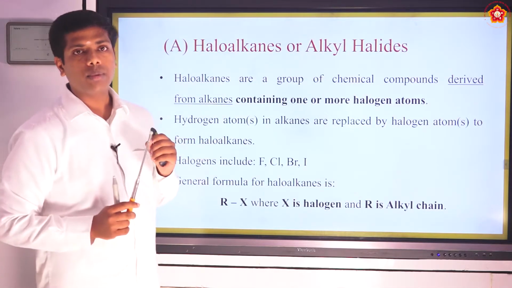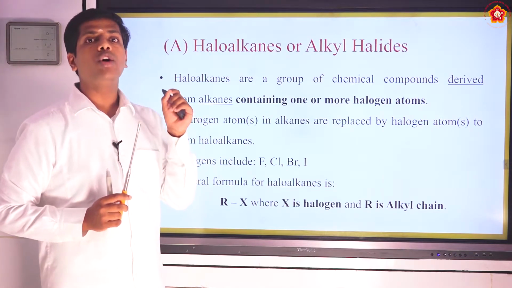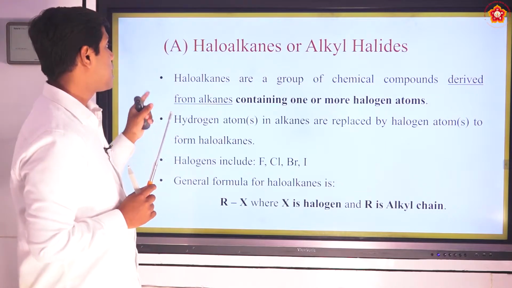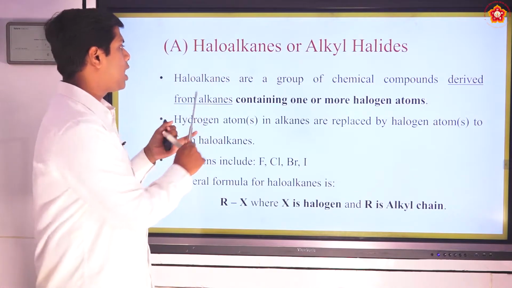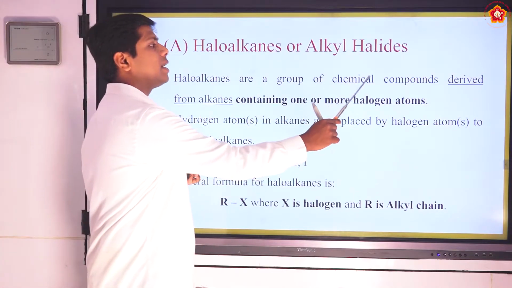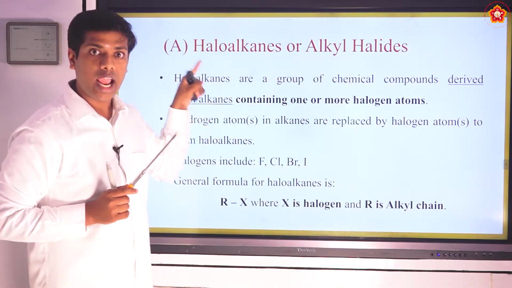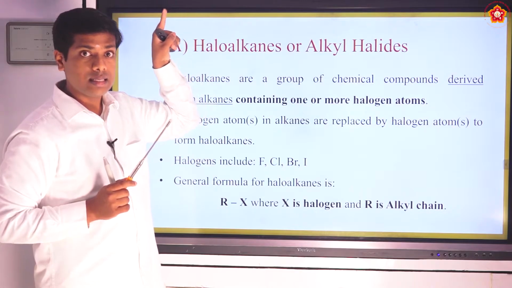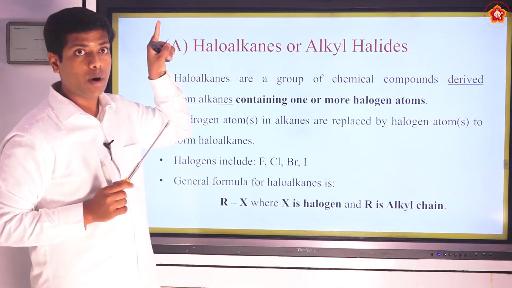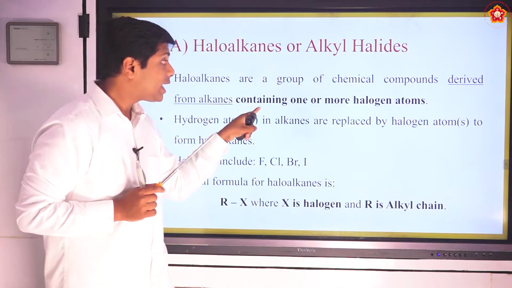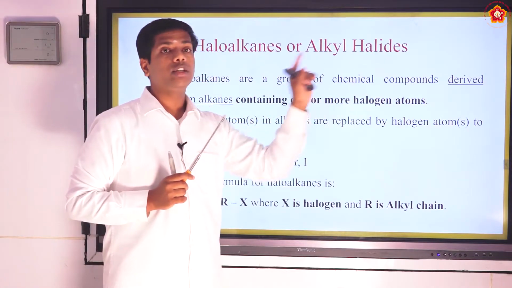Let us look at haloalkanes. What are haloalkanes? Haloalkanes are a group of chemical compounds derived from alkanes, CnH2n+2, with single bonds between the carbon atoms, containing one or more halogen atoms.